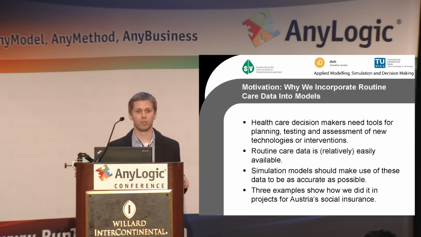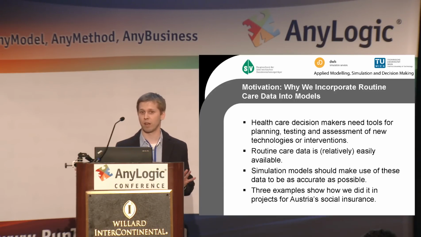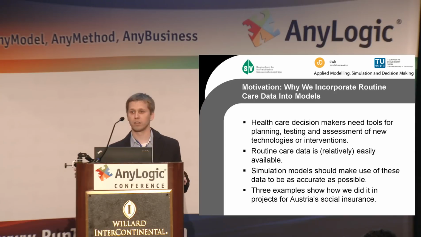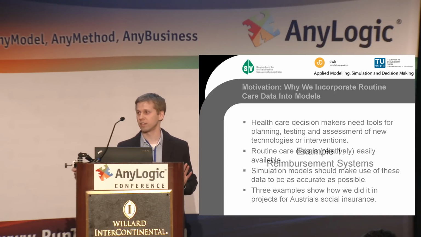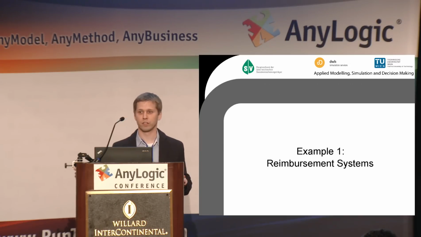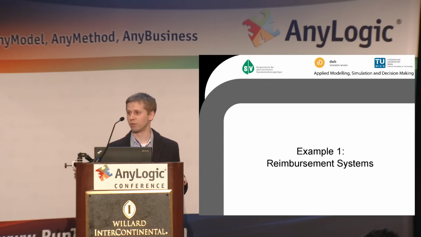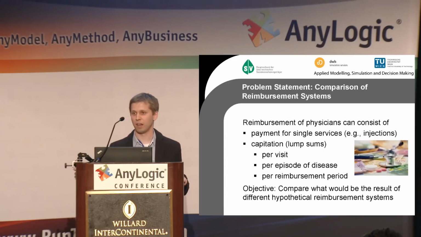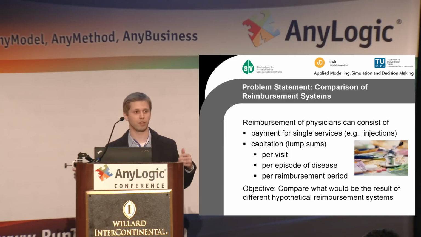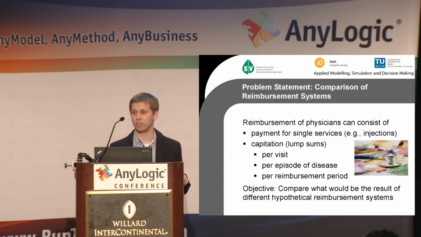And today we want to show 3 different examples where we use this routine care data and how we did it. The first thing is the social insurance thinks about different reimbursement systems. Today in Austria, in the outpatient sector, we have a reimbursement system where physicians are generally paid for the single services they do.